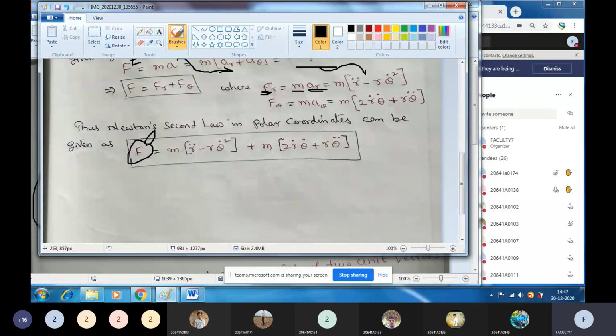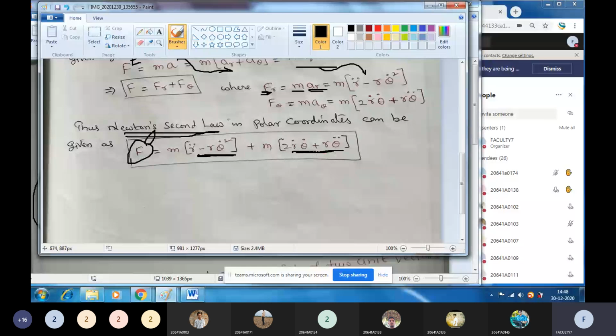Now that particular concept is given under Newton's second law. Newton's second law gives the expression for force, and the expression for force is nothing but the equation of motion. You got the expression of force in terms of r and theta. What are r and theta here? Those are the coordinates under the polar coordinate system.